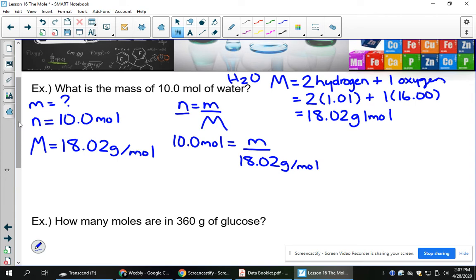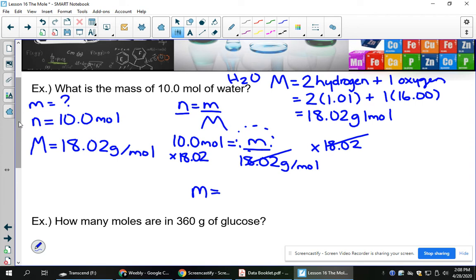Now, how would we solve this if we want to get m by itself, but it's dividing by something? The opposite of dividing is multiplying. So you're going to multiply both sides by 18.02. On the right-hand side, top and bottom cancels, and you're left with m.